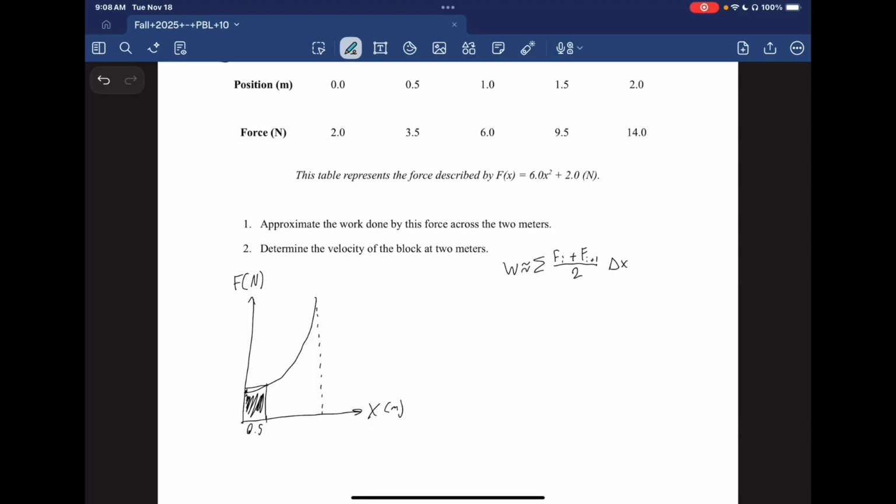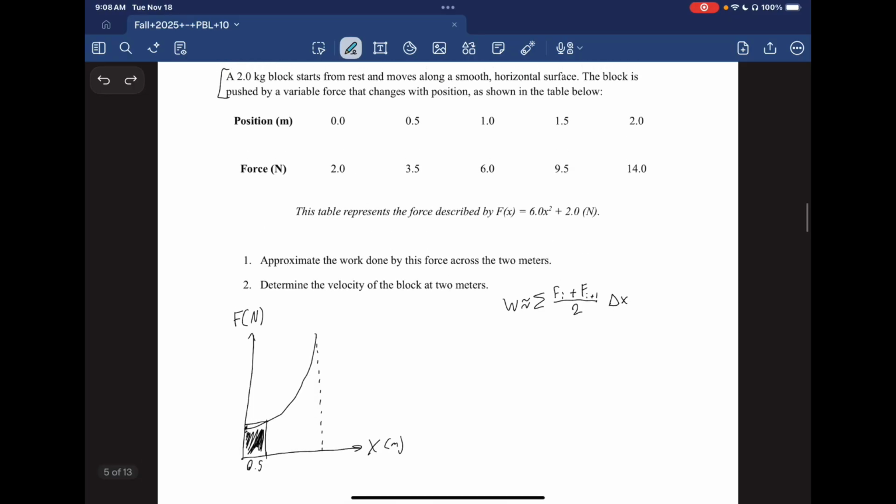We can draw this, and the area under the curve is going to be the work. For the whole system, the area under the whole curve is the work, and so we can sum all of these up. That may be an equation you're not super familiar with, so let's do an example, and I think it'll make more sense.